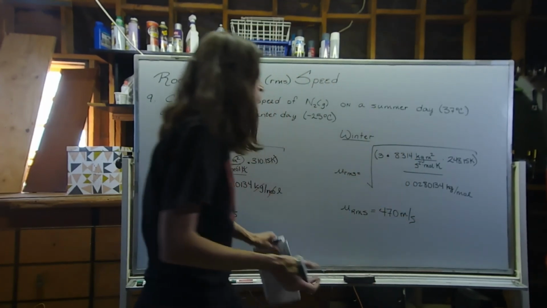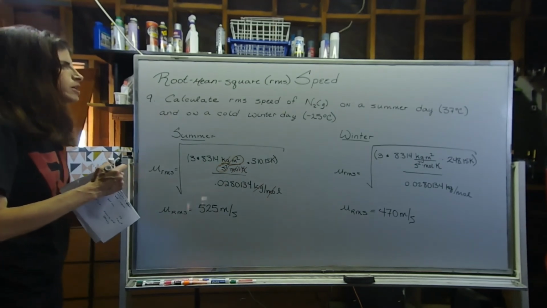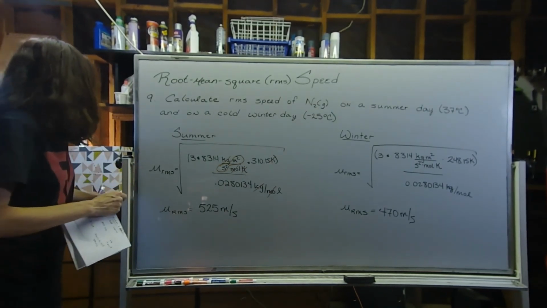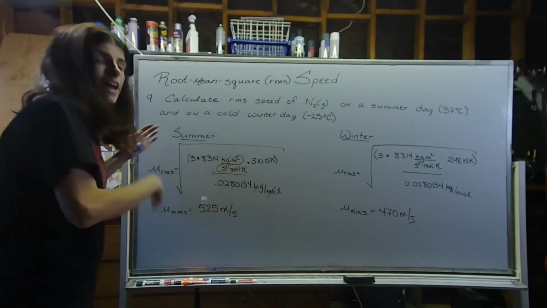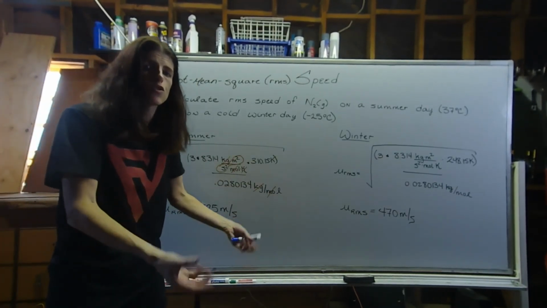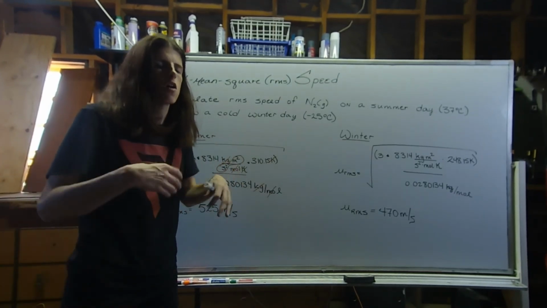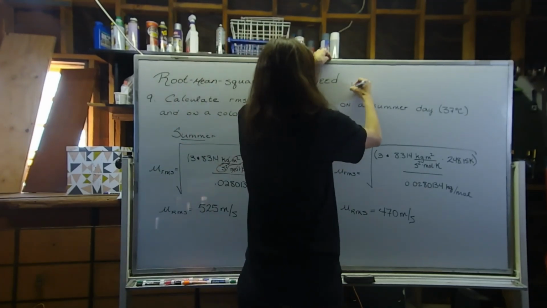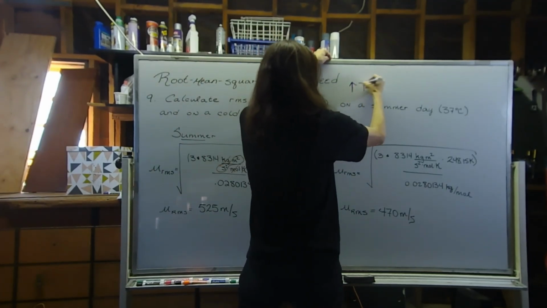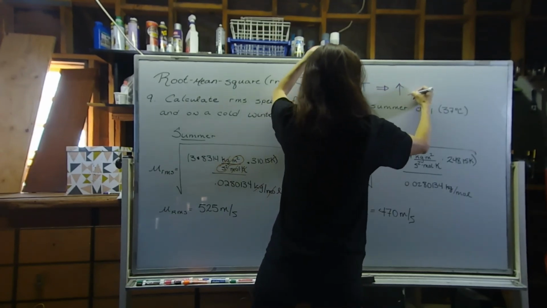So this helps highlight another relationship, but you've always known this relationship since you started chemistry. And that's the idea that as temperature increases, the speed at which the molecules are moving also increases. So if we see an increase in temperature, we're going to see an increase in the speed.